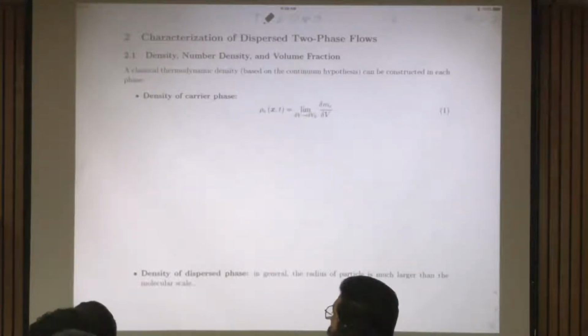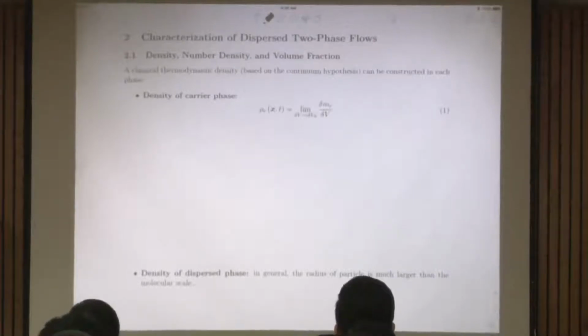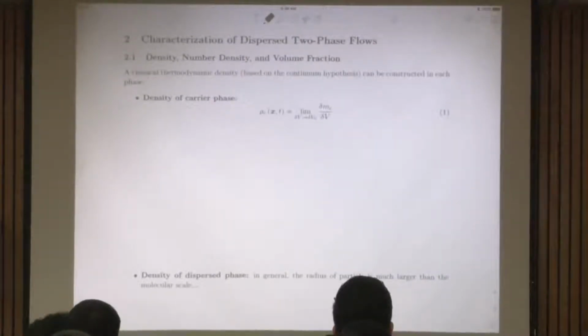I will make this argument first from the perspective of single-phase flow. If you have a single-phase flow, one thing that you want to talk about is the density of your fluid. To define the density of the fluid, you have to introduce some sort of definition that allows you to express what the density is.